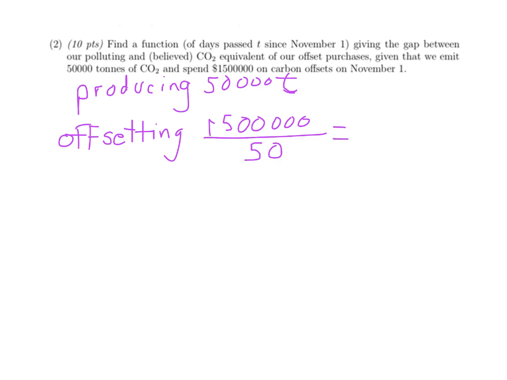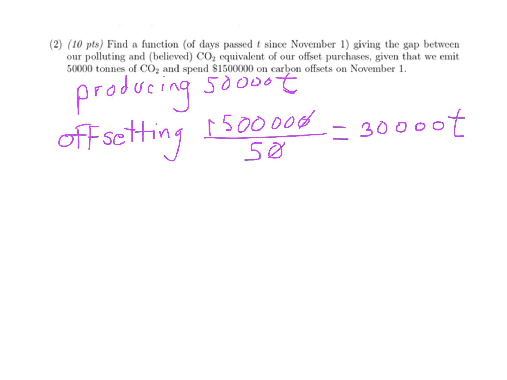And so if we divide that, we can take off a 0 and a 0 here. 1, 2, 3, 4 zeros. Okay. So that's 30,000 tons that we're offsetting.